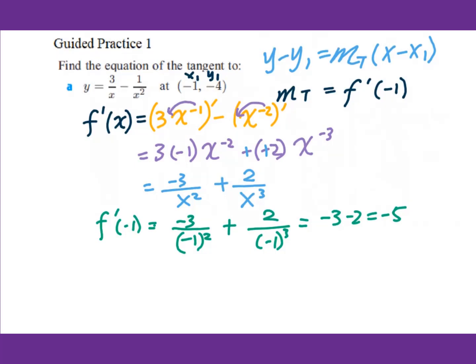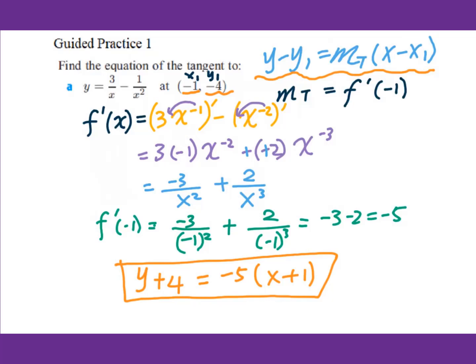Therefore, the equation of the tangent line: we plug into this formula, x1 equals -1, y1 equals -4. So we get y plus 4 equals -5 times x plus 1. You can leave it as it is.